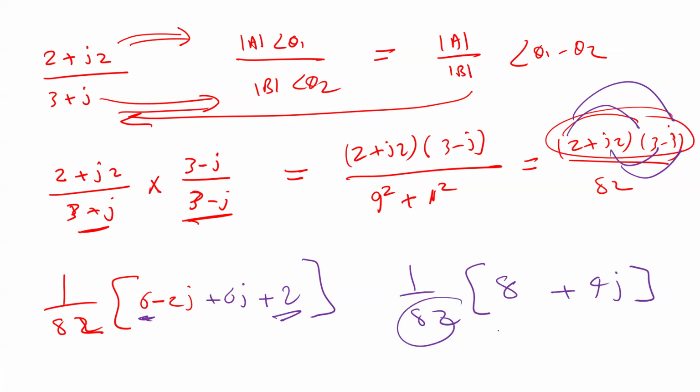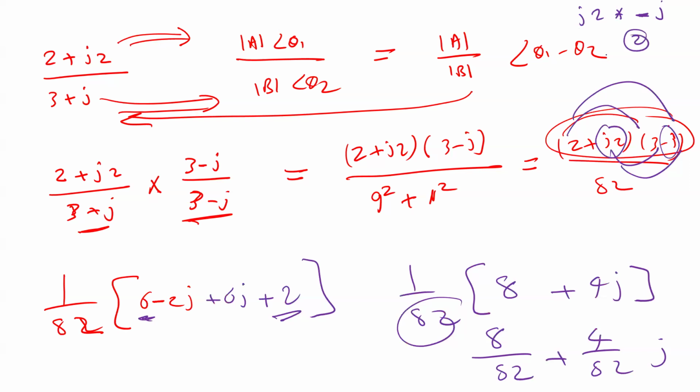Then you divide by both terms, so it's 8 divided by 10 plus 4 divided by 10 j. To explain the plus 2: here I'm doing distribution, so I multiply j2 by negative j. j times j is negative 1, and we already have a negative 1, so it becomes positive 2, because j times j is negative 1.